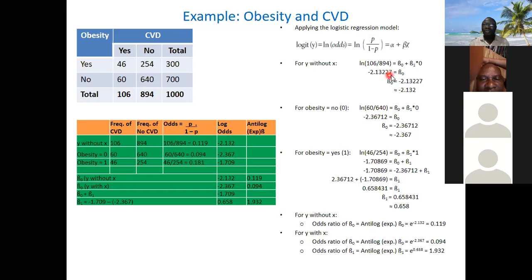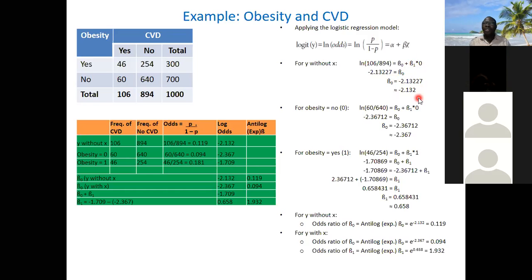This is the logarithm. Since this x is 0 here and has no value, beta 1 times 0 will be out. So that shows that beta 0 is minus 2.132.